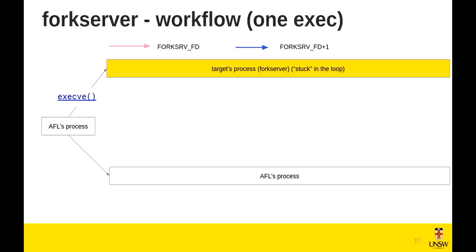So when we do this fork, the parent process will keep running as AFL's parent process, and the child will execute execve, which means it can specify some environment variables in this execution.